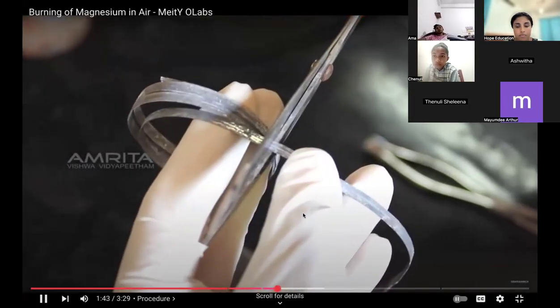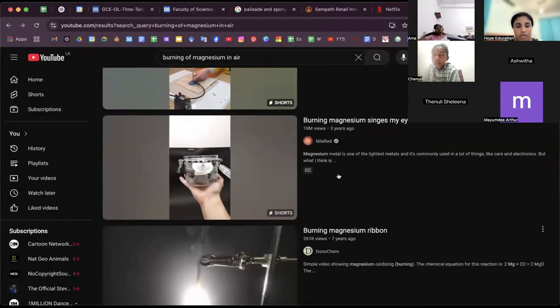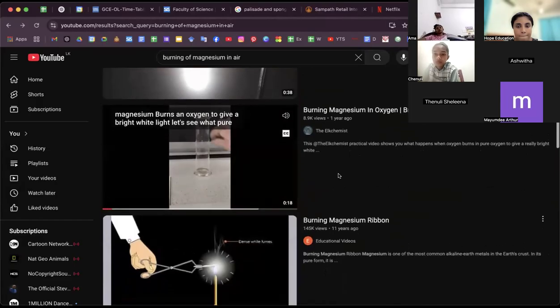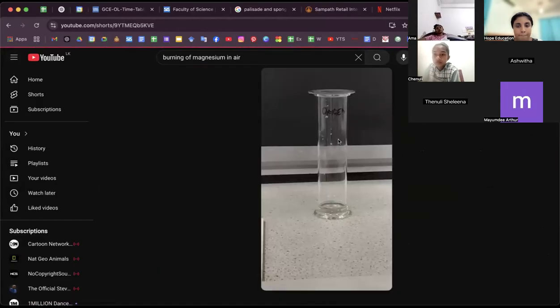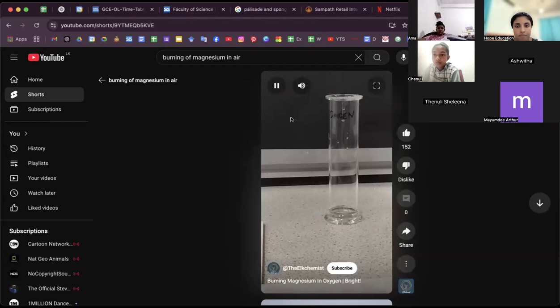Cut a piece of magnesium ribbon. Not this one. We can't see the video. Magnesium burns an oxygen to give a bright white light. Let's see what pure oxygen does. One second, Lamai. Let me find the Magnesium burns. Magnesium burns an oxygen.